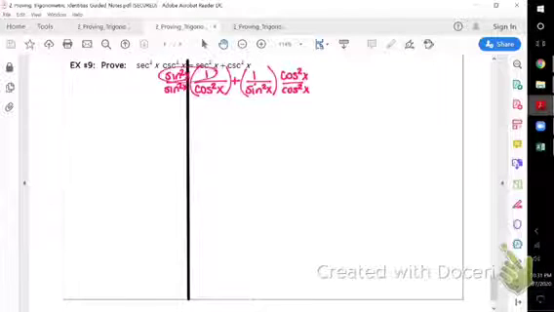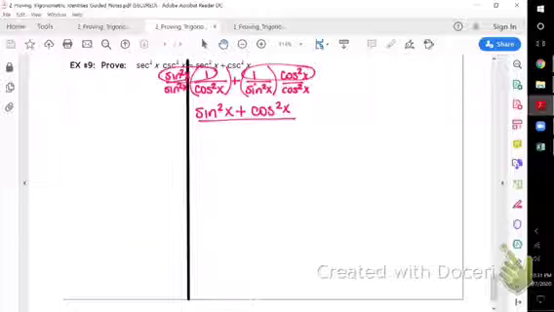And so we get sine squared of x plus cosine squared of x all over the common denominator, cosine squared of x times sine squared of x.